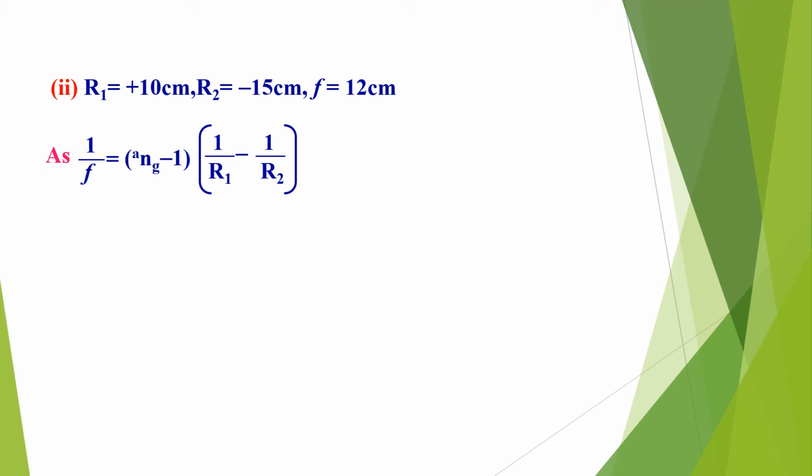We are using the lens maker's formula, 1 by f is equal to the refractive index of glass with respect to air medium minus 1 multiplied by 1 by r1 minus 1 by r2.